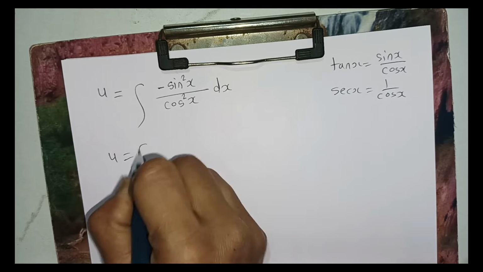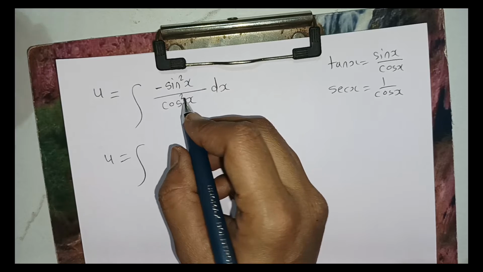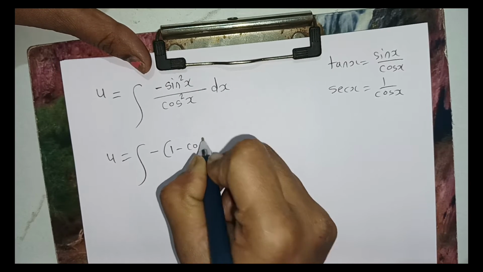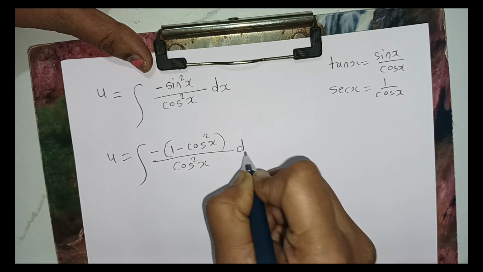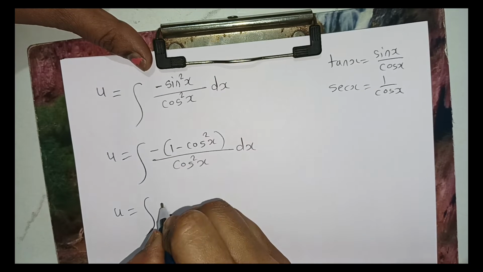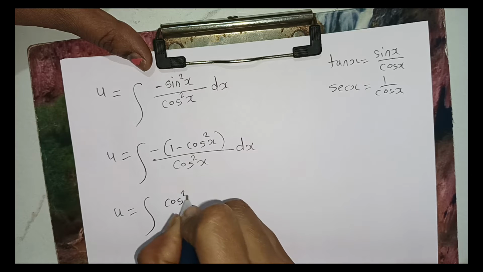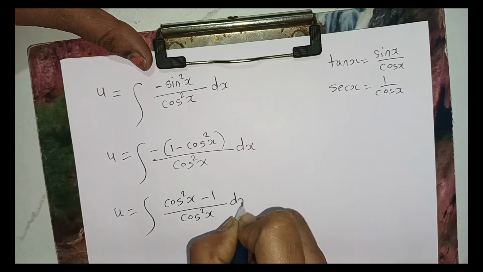So u is equal to, again use the same identity. Sin square x can be written as 1 minus cos square x. So minus 1 minus cos square x divided by cos square x dx. Multiply by minus 1 inside, so it is cos square x minus 1 divided by cos square x dx.